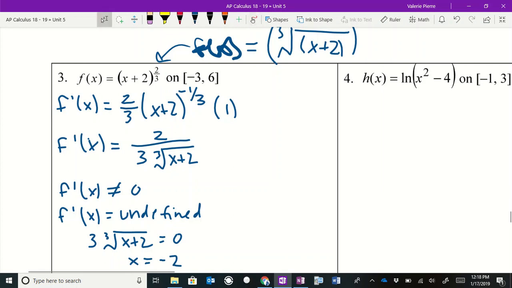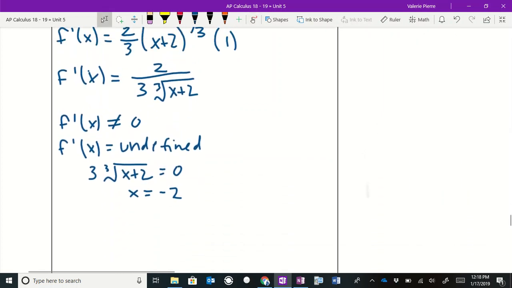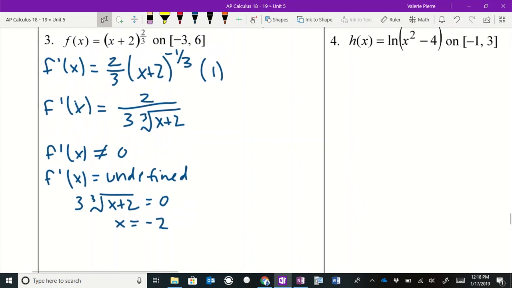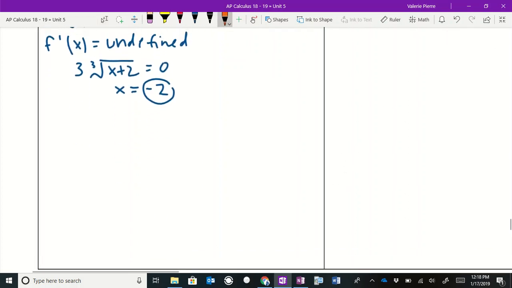Remembering that absolute extrema occur at endpoints and critical numbers, we need to now use that information to figure out what our absolute extrema are.